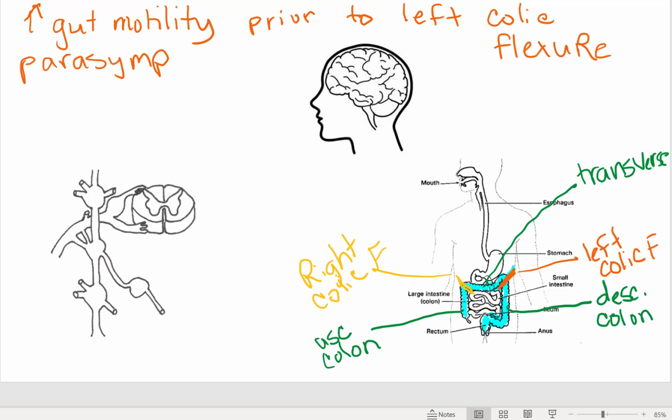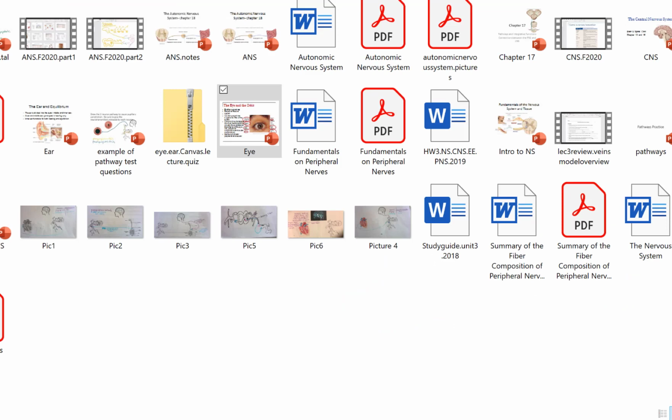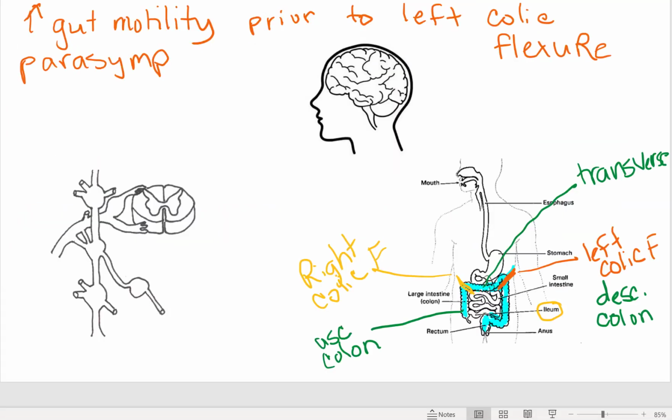After the ileum, and you can see here the ileum, I wrote over it, so let me erase that. The ileum is this last part of the small intestine.